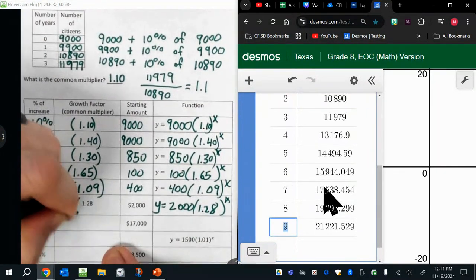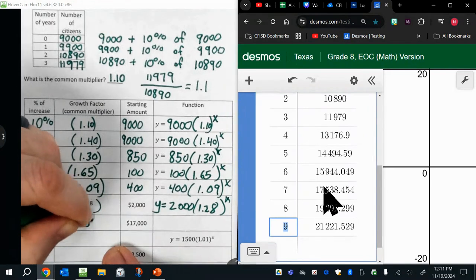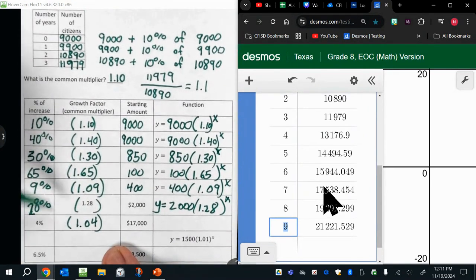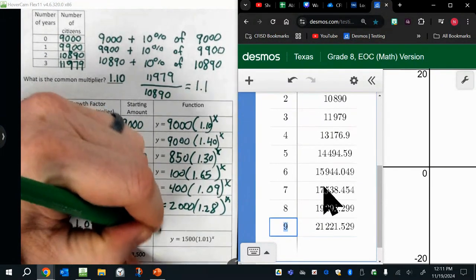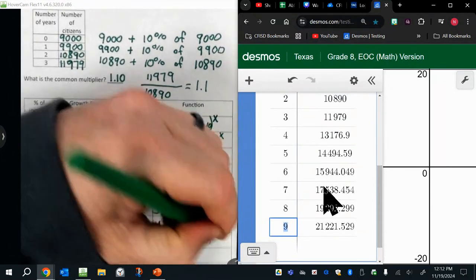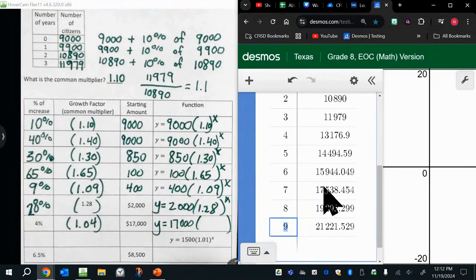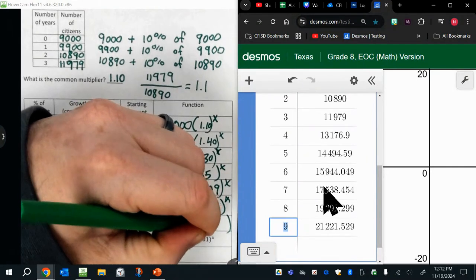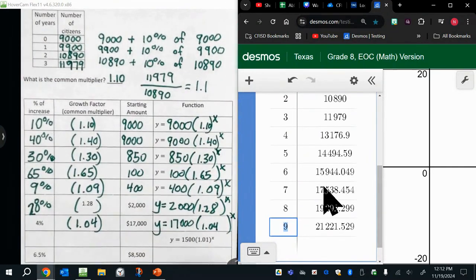Well, that's going to be 1.04. Why not 1.40? Because 1.40 is 40%. This is 4%. So this one would read y equals 17,000. I wouldn't write any commas when writing the equation or the function. Okay, so this would be 1.04 to the power of x.